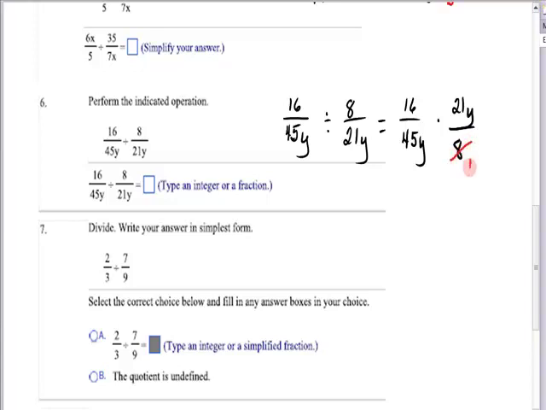Yes, 8 goes in there once, 8 goes in there 2 times. 3 goes into 21 7 times. 3 goes into 45 15 times. Y goes into itself once. Y goes into itself once. Have I got it all? I think so. You want to be careful that you see what you have written down carefully. I have 2 times 7 times 1. That's 14. I have 15 times 1 times 1, which is 15. My quotient, answer to a division problem, is 14/15.